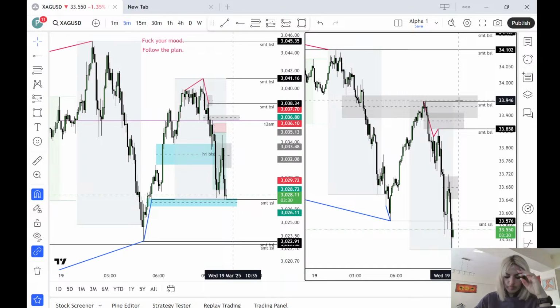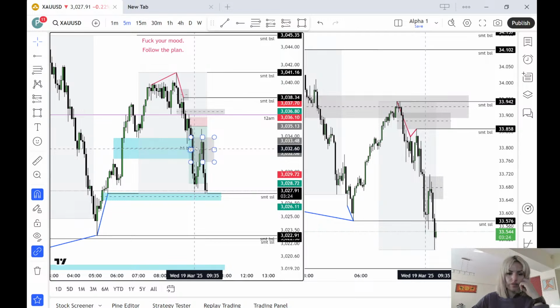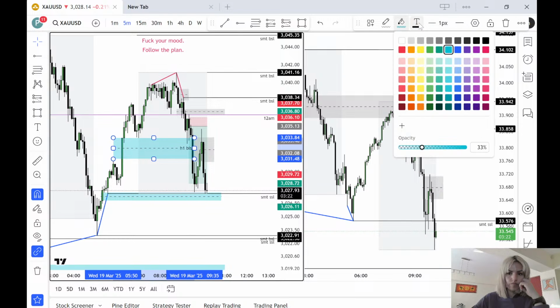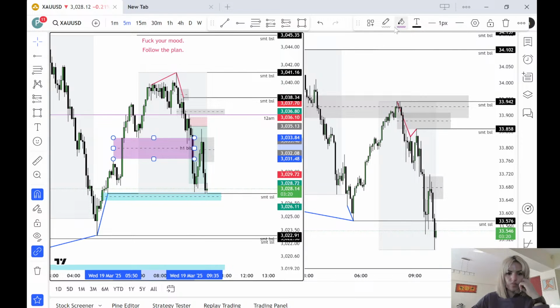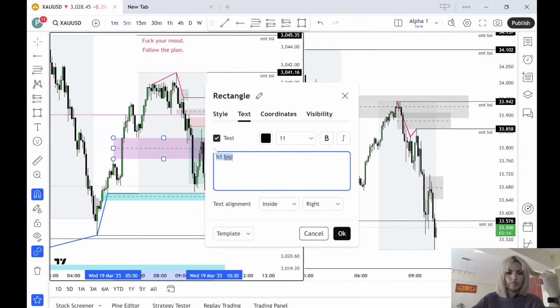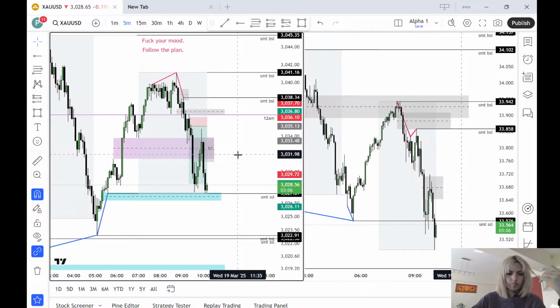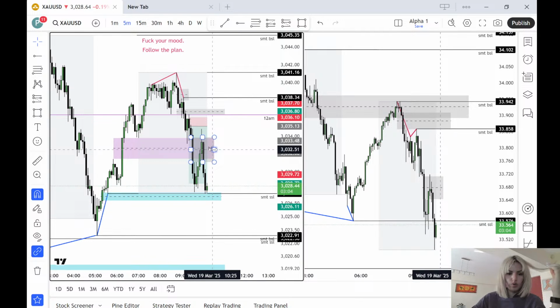Also have FOMC later, so that will be interesting. Yeah, that's really going to be interesting. The FOMC thingy. Okay, so we got the H1 inversion.